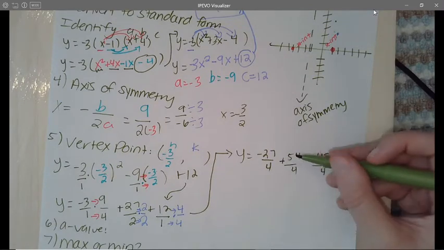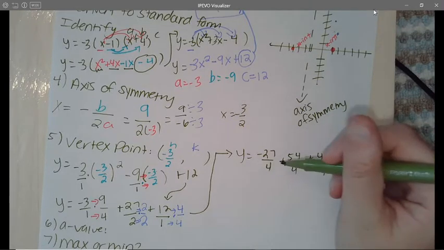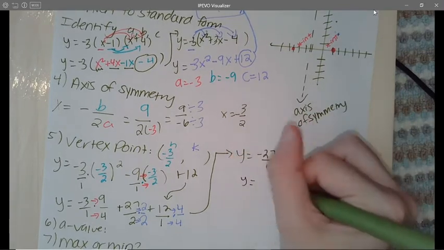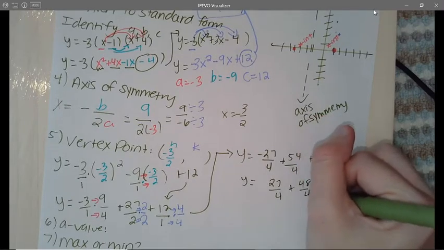So 27 subtracted from 54, well, that's going to be, let's see here, 24 plus 3, I think it's 27, yes. 27 times 2 is 54, I'm pretty sure. Yeah, so that's going to be 27 over 4 plus 48 over 4.